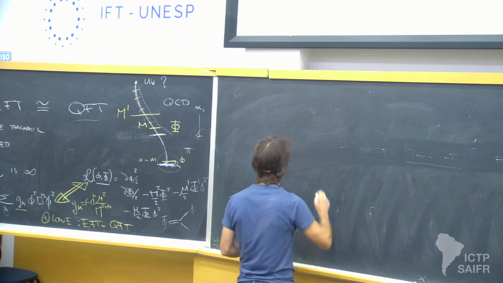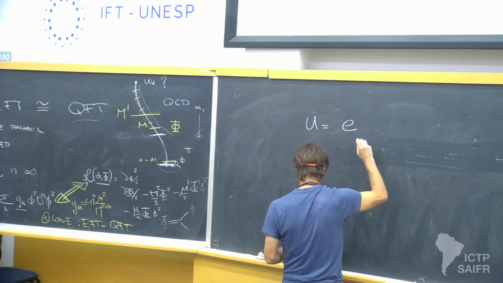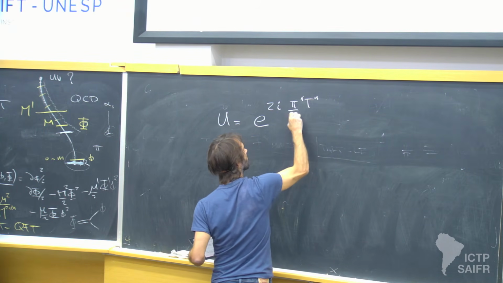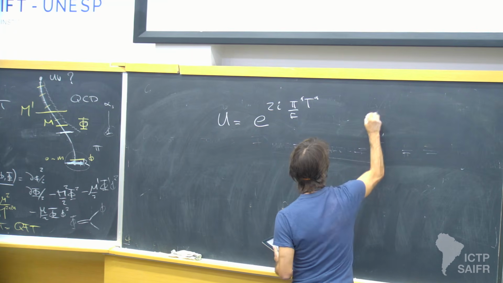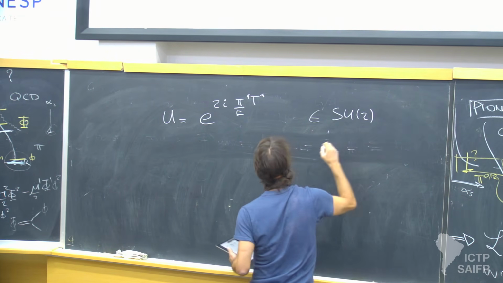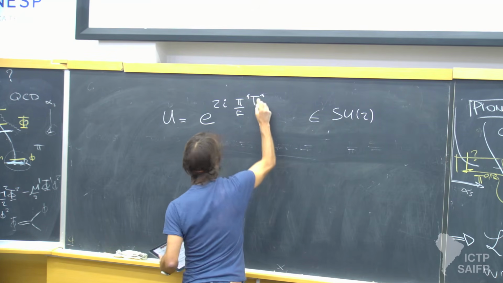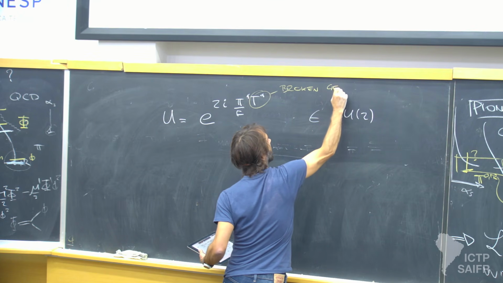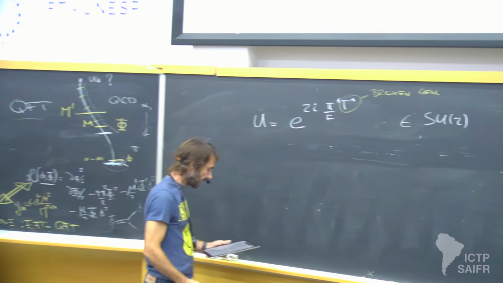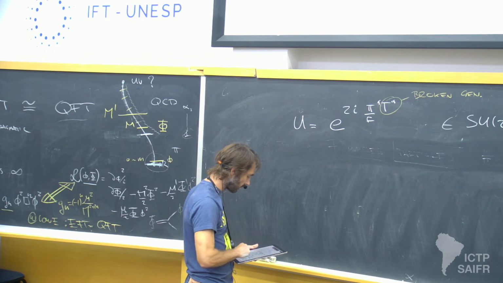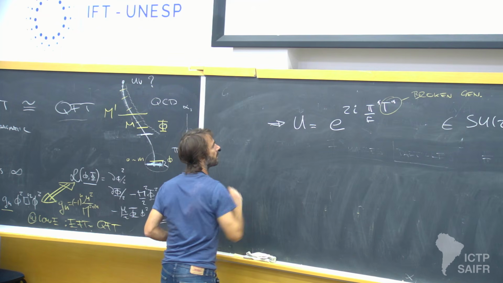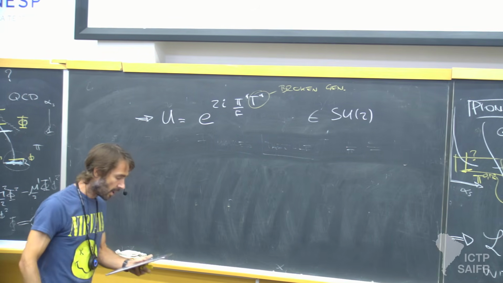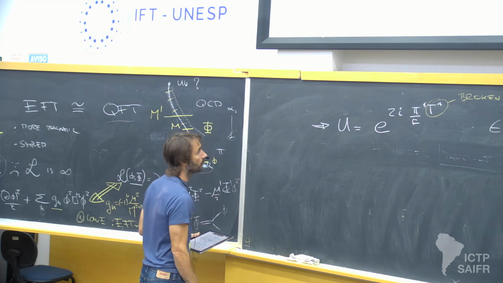So this object is a matrix. These T^A here are the broken generators. And you can just accept that this is an object that contains the pions, or I can give you two explanations of how you get there.